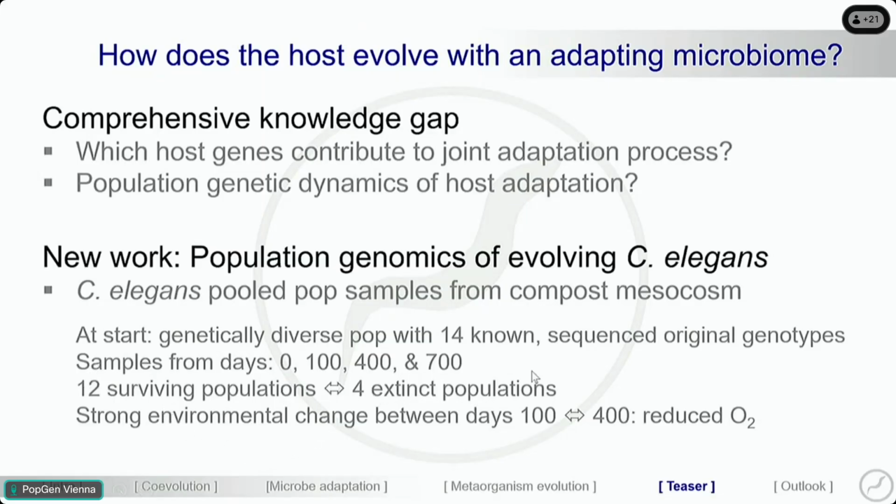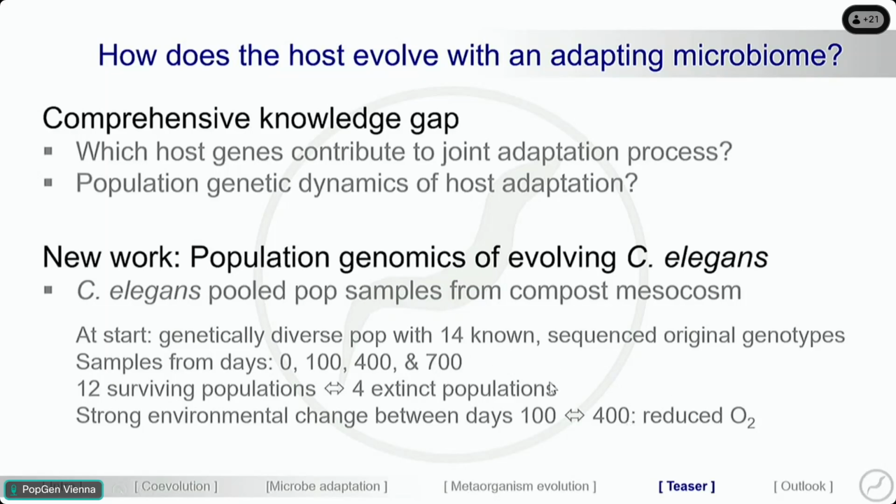So a small number of the compost mesocosms did actually go extinct. And we can now actually try to see whether they behave differently. So whether the changes of the genomes of the populations look different between the surviving populations and the extinct populations.